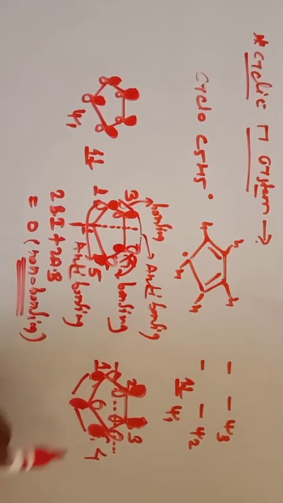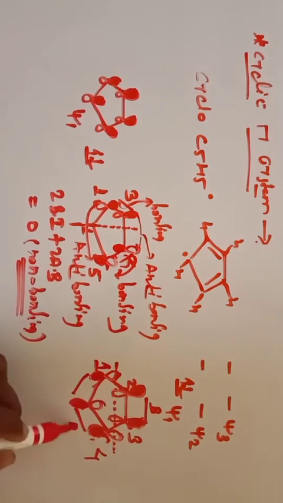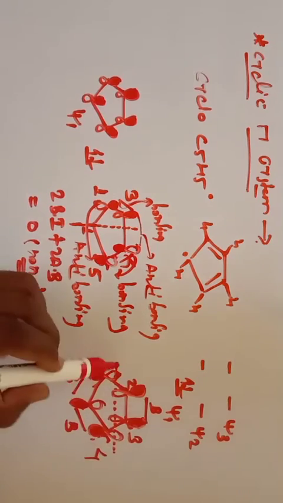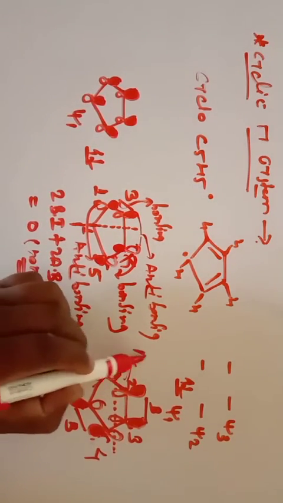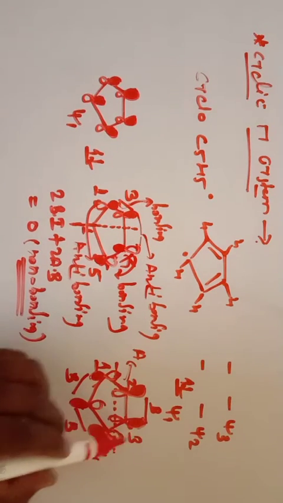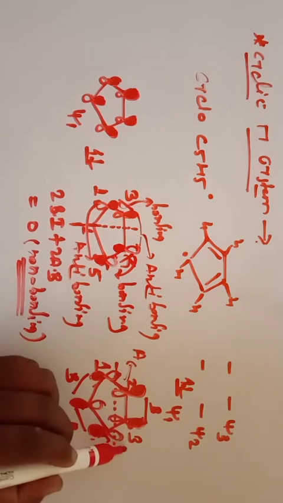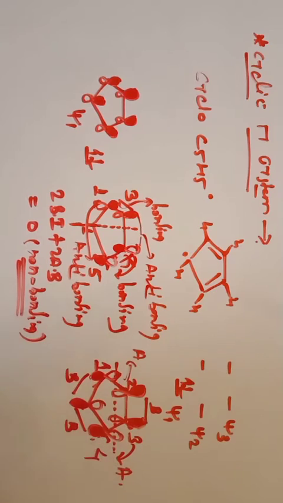But if you consider the node, this is an anti-bonding interaction, and carbon number 3 and 4 also have anti-bonding interactions. So in total, 3 bonding interactions and 1 anti-bonding interaction.